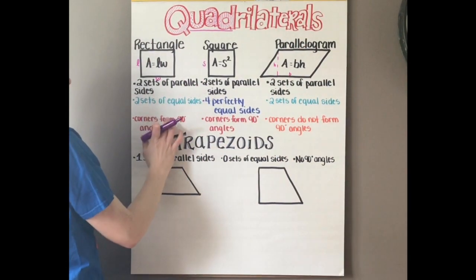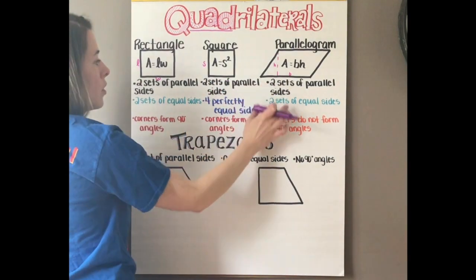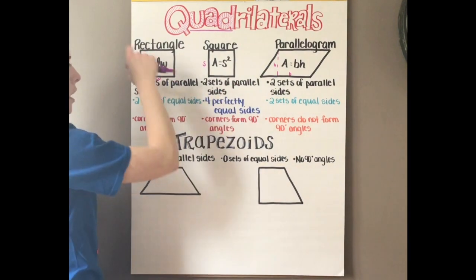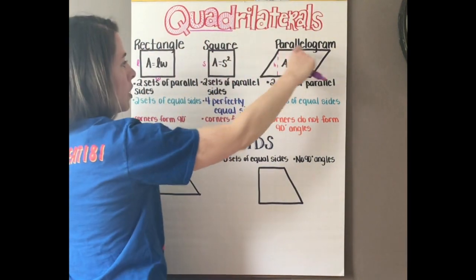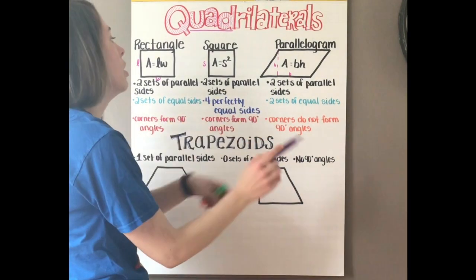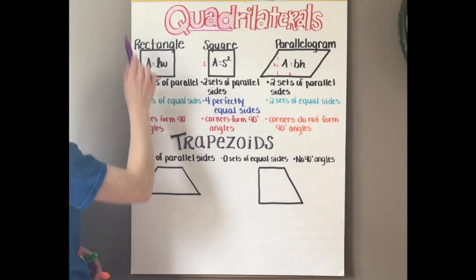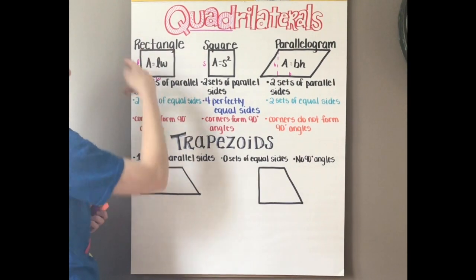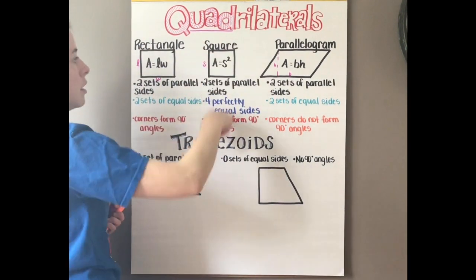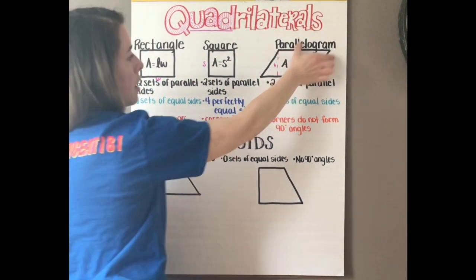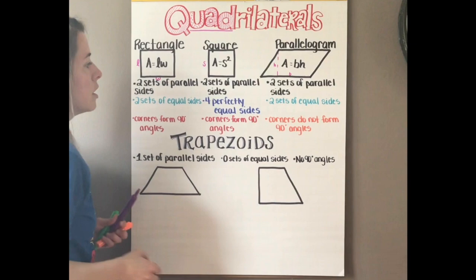So there are some characteristics of each. All three of these have two sets of parallel sides. Parallel means that they run in line with one another and they never touch. So all three of these shapes have two sets of them. The rectangle across and up and down, and even though these are slanted, they're still parallel to each other.